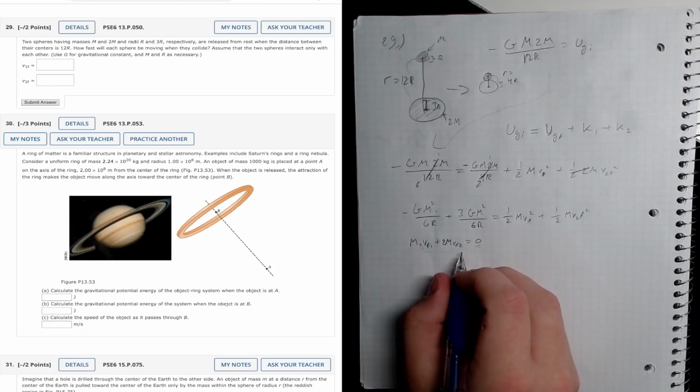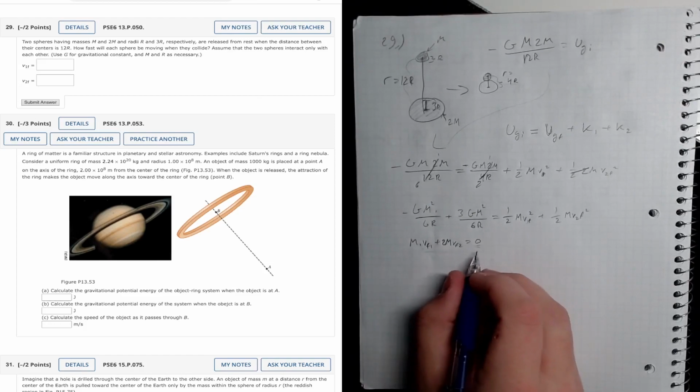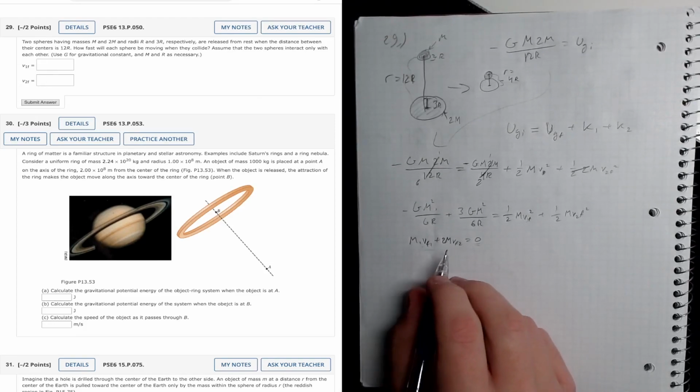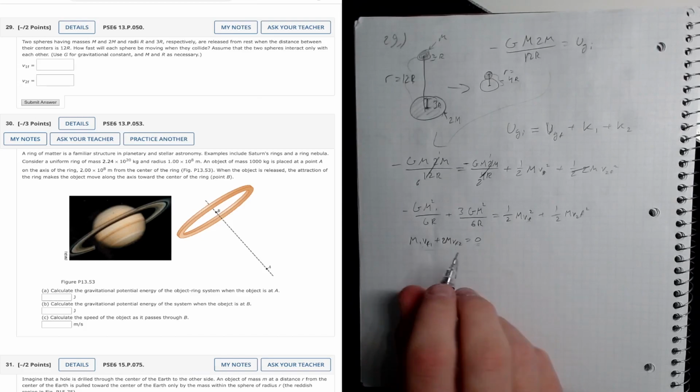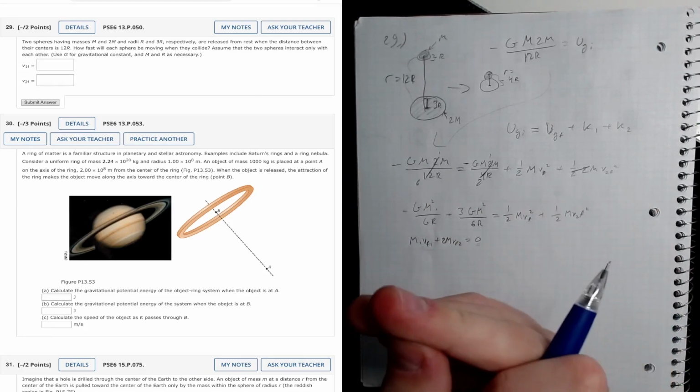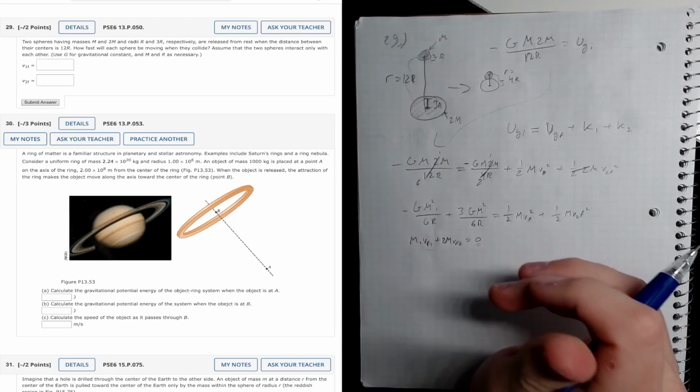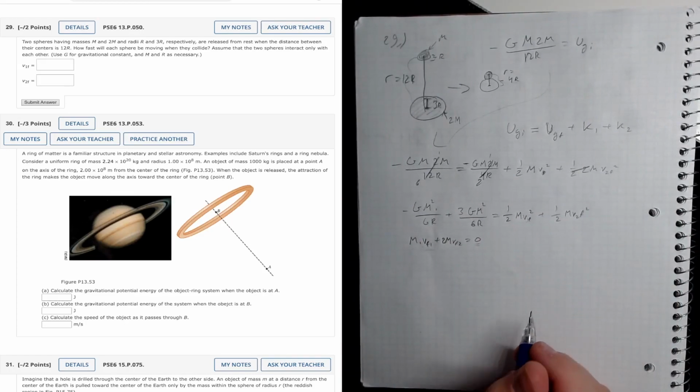Initial, final, during collision. Sorry if I did a terrible job explaining that, but yeah, law of conservation of momentum now.